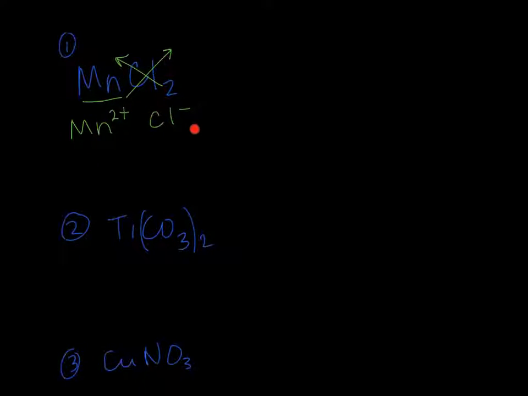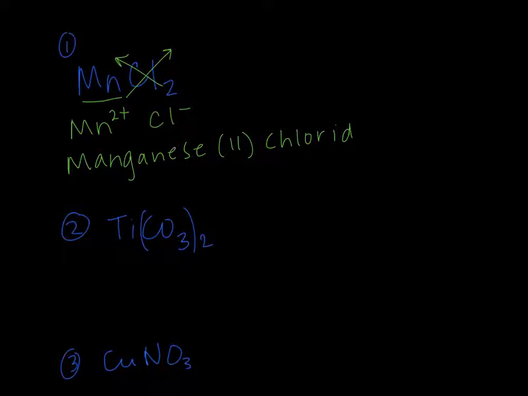So you need to check this one, make sure that it's correct, and chlorine should be -1, so that means that this is also correct. So that's going to be manganese 2 chloride. All right, so this is manganese, and that's 2, and then that's just chloride.